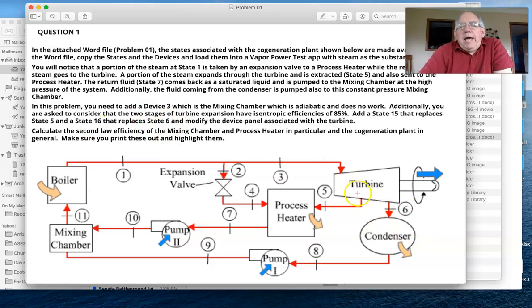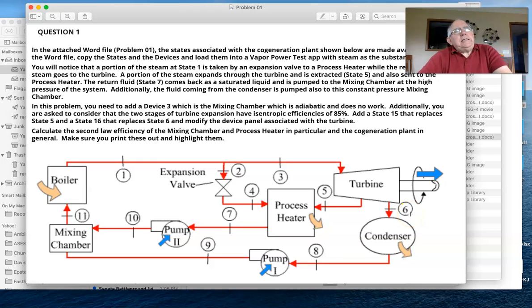So 15 and 16 are going to be the new real states associated with the extracted fluid and the final fluid going into the condenser. And therefore, those particular device panels also need to be modified once one determines what the real state is here and the real state is here.